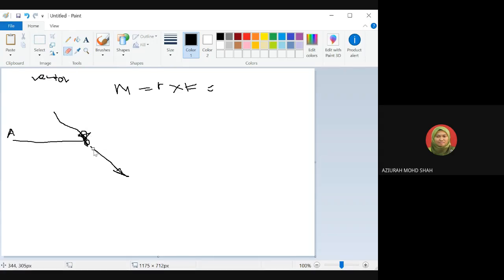Okay. So what is R? How much I, how much J? Is there K? No K. Is there J? Right, I said the position vector is from the point where we want to get the moment until the point of application.